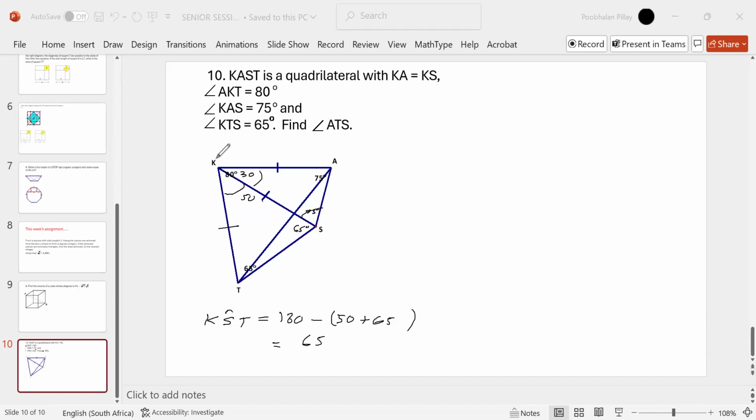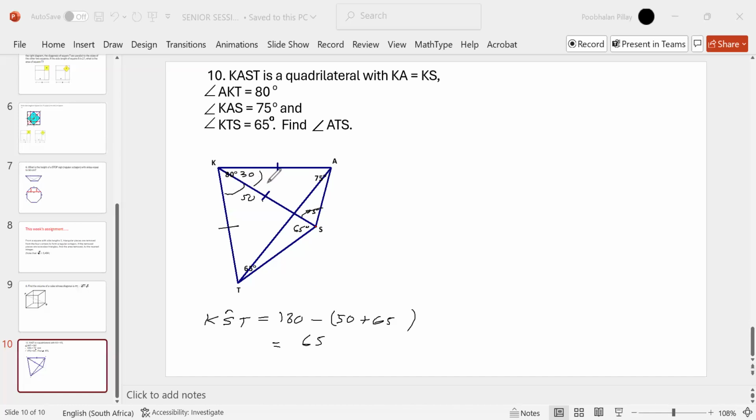Now you have a new isosceles triangle, which is TKA. And you know this whole angle is 80. It was given. And so therefore these two angles, the base angles, add up to 100 degrees.